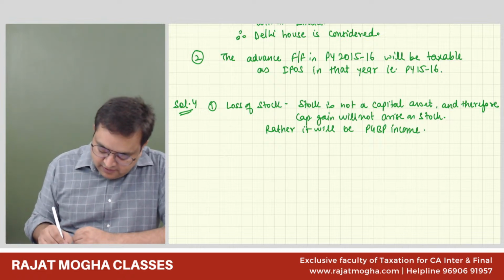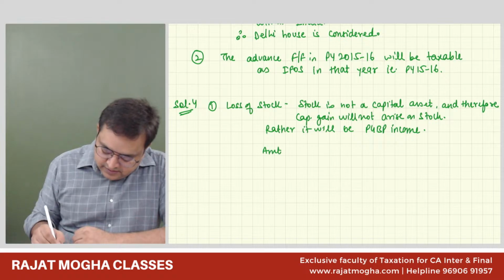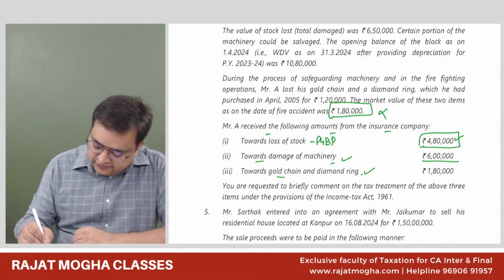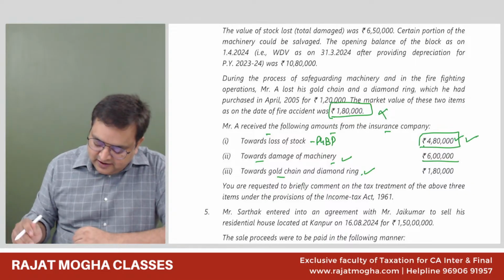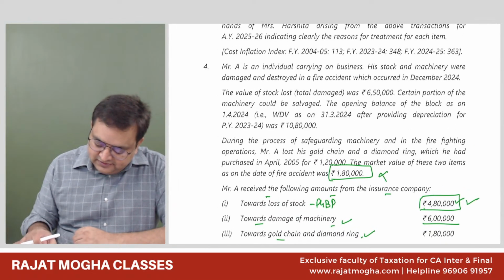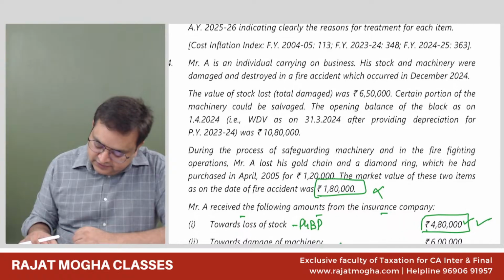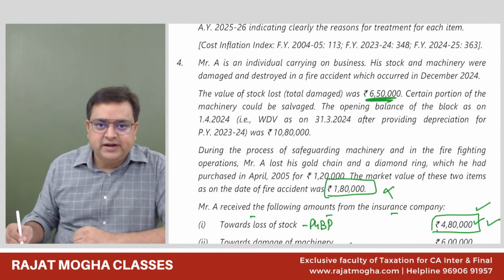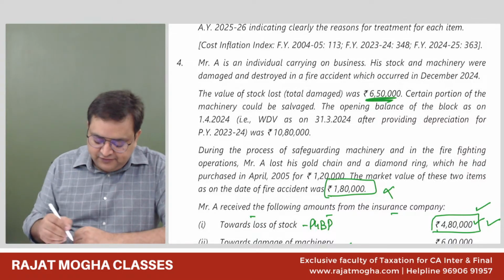And how much is the amount received? Amount received for stock. For stock, we have received 4,80,000 and it has been given to us that the cost of the stock was 6,50,000. So we are receiving 480 and the cost was 650.